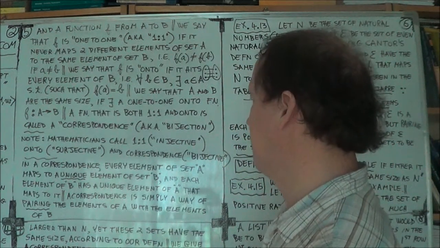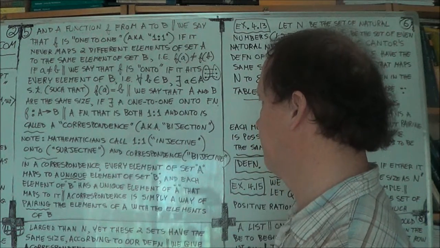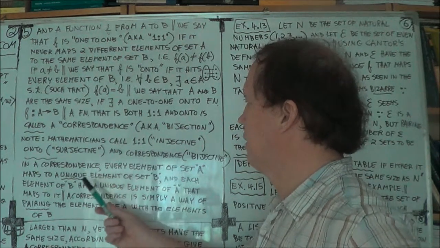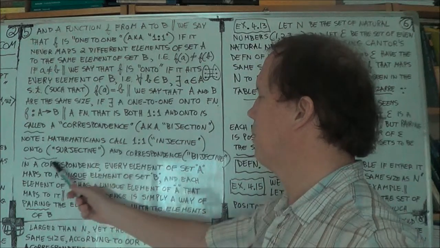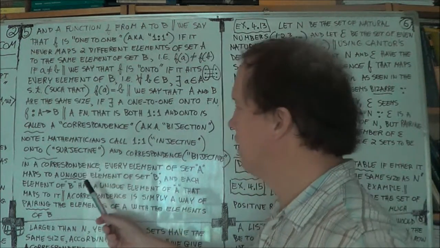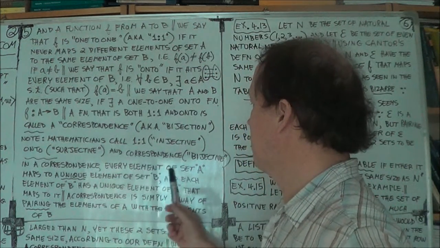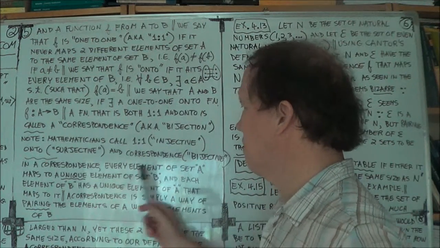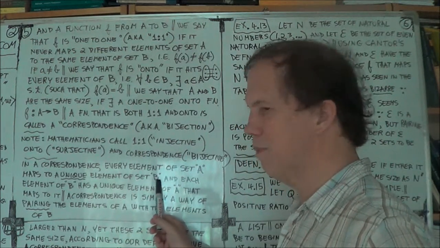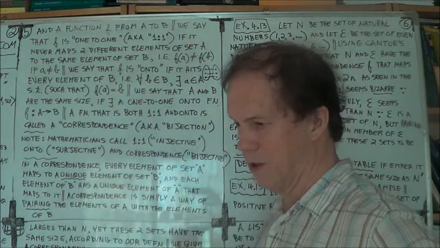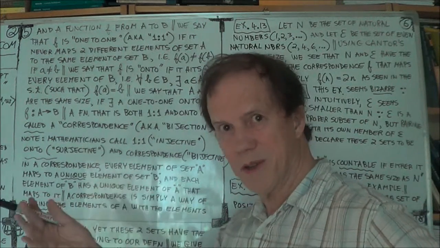Now, in a correspondence or a bijection, each element of set A maps to a unique element of set B, and vice versa. If it's bijective, that's what I'm used to.